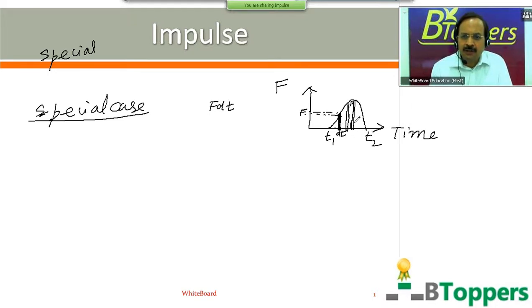So the sum of the areas of all the elementary rectangles is the total area between the force time curve and the time axis. That gives you the total impulse.